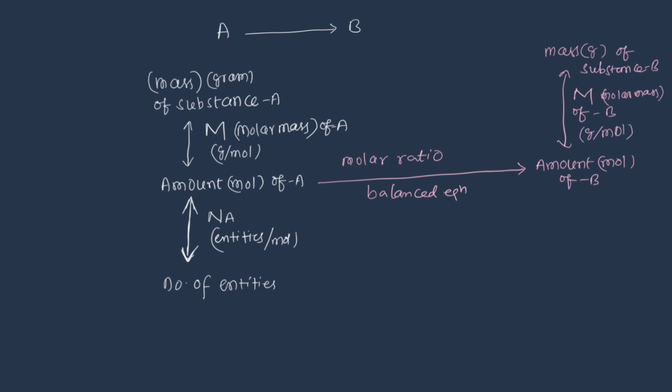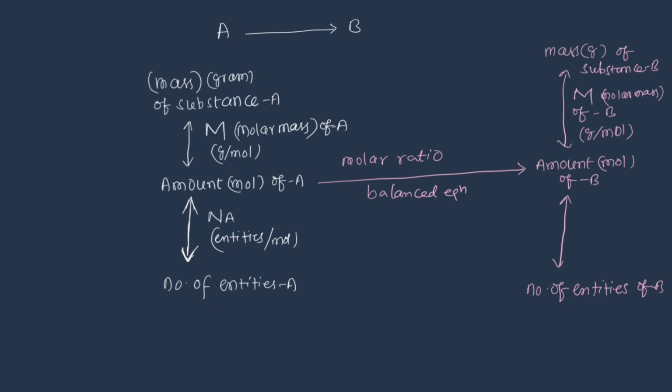Then from this we can convert into number of entities, or number of entities to amount also. So here, number of entities. Which entities? This is number of entities of B substance. Here, which one? That is A substance. So now to convert amount to number of entities, what is required?